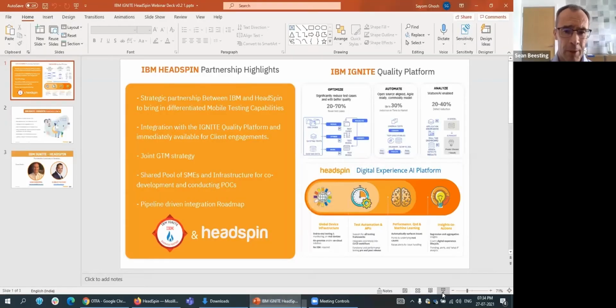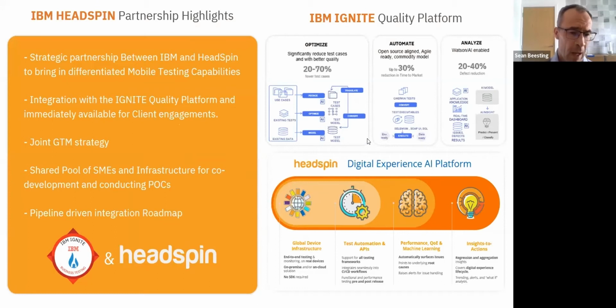So a little bit around Ignite and the Ignite platform. I won't steal anything from Sayom. I don't want to take anything away from him. But the platform has been in development for a number of years, and it focuses on a number of areas that Sayom will touch upon.